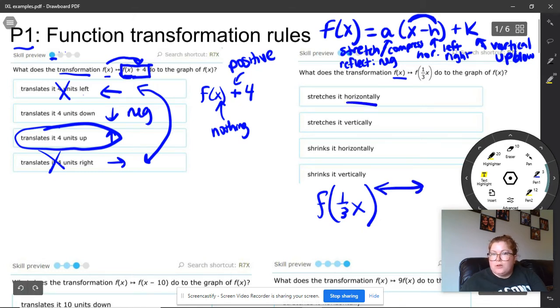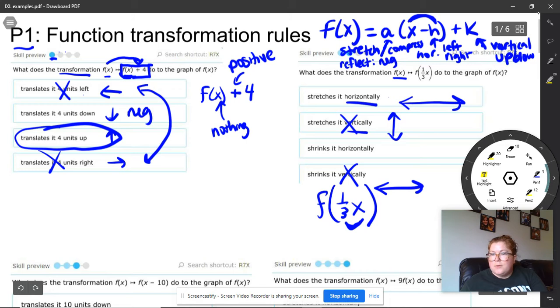If I look at this, I have 2 different versions here: horizontally and vertically. We know horizontal means we're going side to side, and vertically means we're going up and down. Now, since it's attached to x, we know x is left and right, therefore it cannot be either of the examples that talk about vertical.